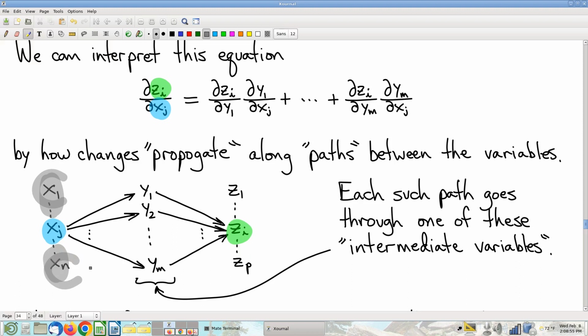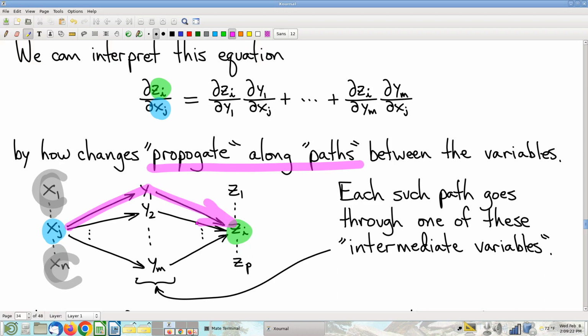Now let's think through what happens. When I'm holding all these x variables constant except for xj, if I start to change xj a little bit, what happens? Well, if you change xj, y1 is going to change. And if y1 changes, that mere fact alone will cause a change in zi. This is what I'm going to call a propagation of change along a path.